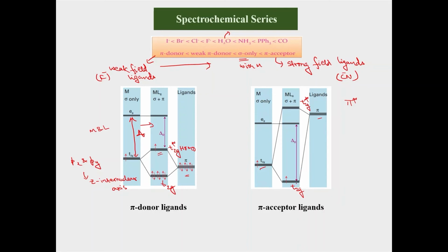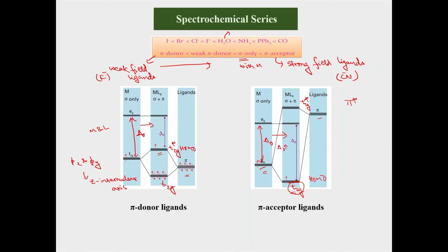Since in this case the bonding T2g lies closer in energy to the metal T2g orbitals, this T2g set will be highly metal based, and now this is the HOMO. So on moving from just sigma type interaction ligands to pi acceptor type ligands, we can see that the delta O value increases.